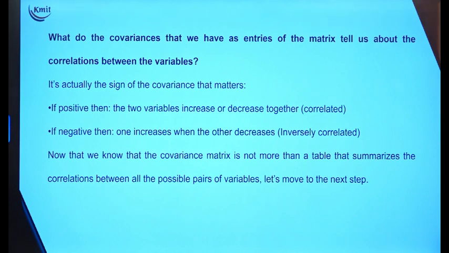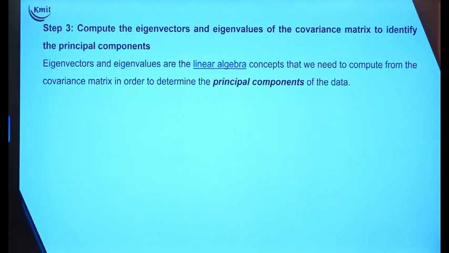If you have negative values in the matrix, that says if one increases the other decreases, that is inversely correlated, they are correlated in the reverse way. Now that we have the covariance matrix, this is not enough to summarize the correlations, so we should also go for the next step. In the next step we compute the eigenvalues and the eigenvectors.